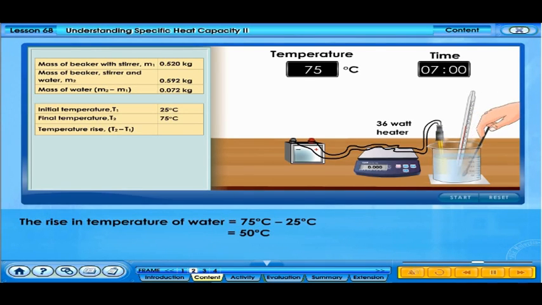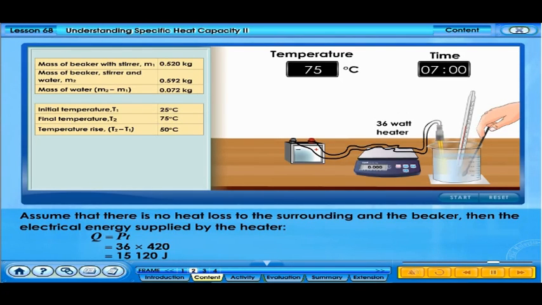The rise in temperature of water equals 75 degrees Celsius minus 25 degrees Celsius, equals 50 degrees Celsius. Assume that there is no heat loss to the surrounding and beaker, then the electrical energy supplied by the heater is Q equals P times t, which equals 36 times 420 equals 15,120 joules.